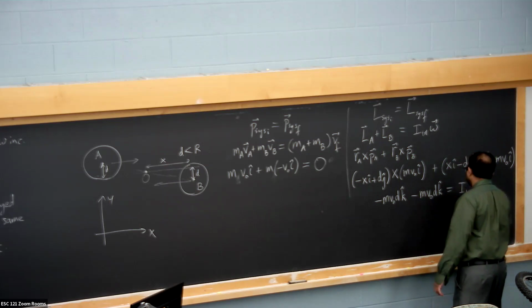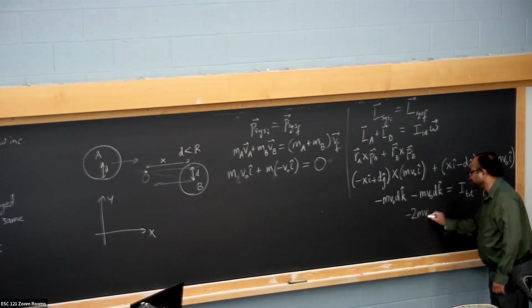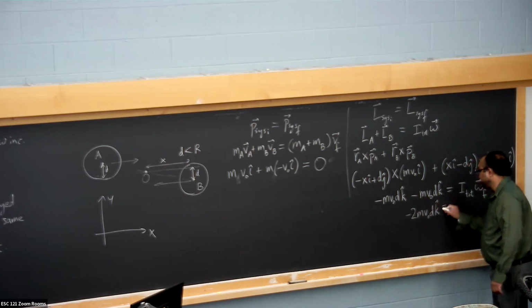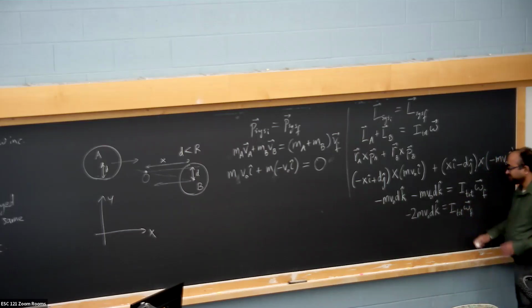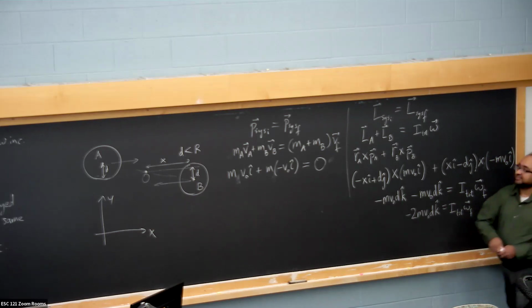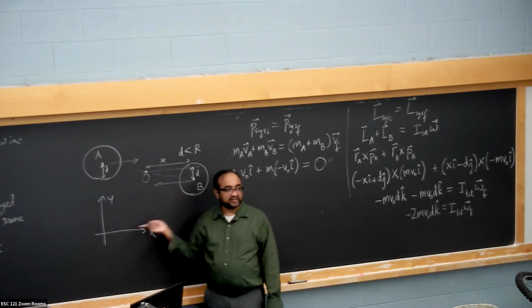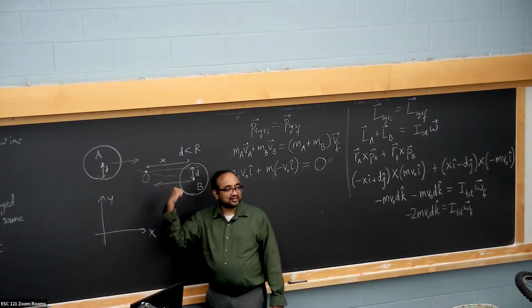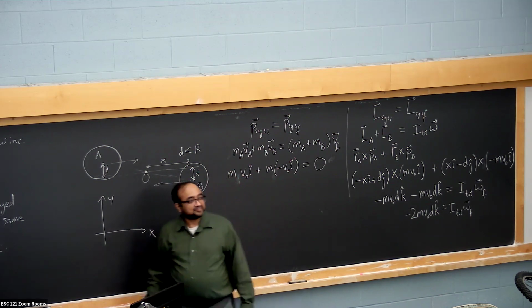And this will be equal to I total omega. So I get minus 2 M V naught d k hat is equal to I total omega. And so, to answer Yenta's question, they are going to start spinning clockwise. And that tells us L is pointing in the negative k hat direction.